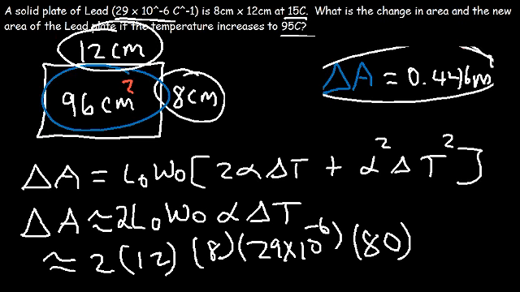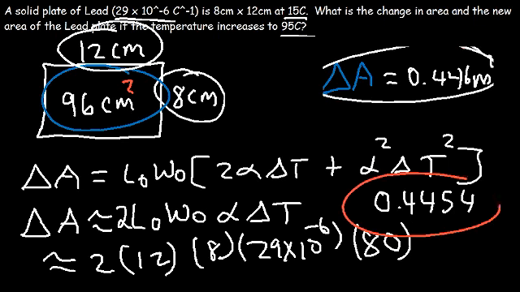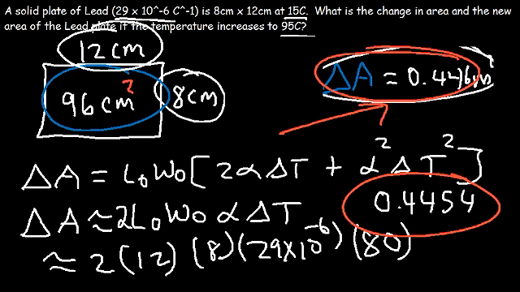So 2 times 12 times 8 times 29 times 10 to the minus 6 times 80 is about 0.4454. As you can see, this answer is very close to this one. Now keep in mind, I rounded this answer. So they're very close. So that's how you can approximate delta A. But if you want to derive the equation, here's what you need to do.